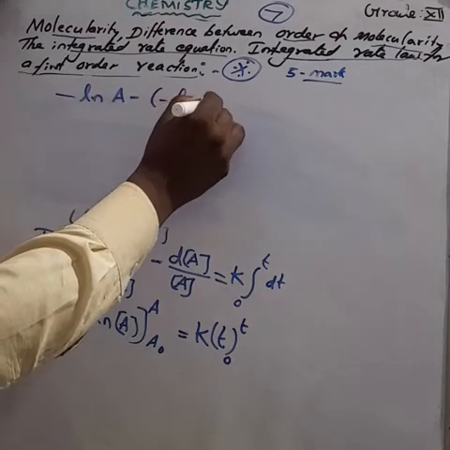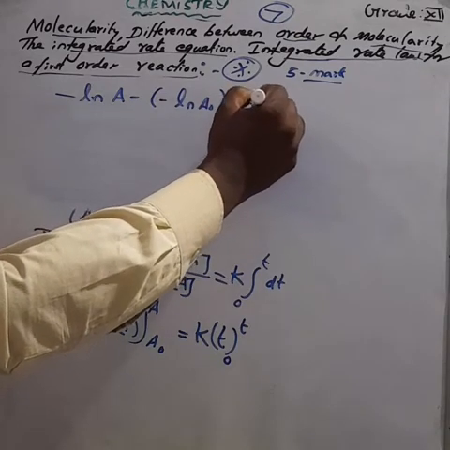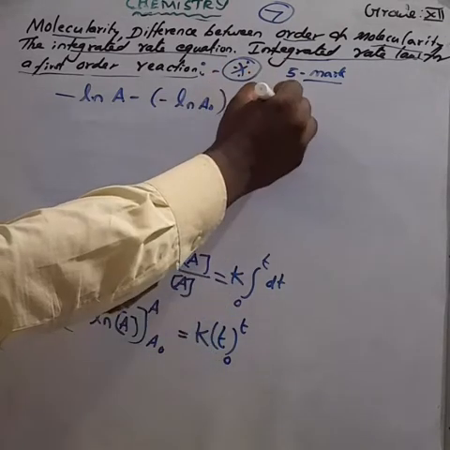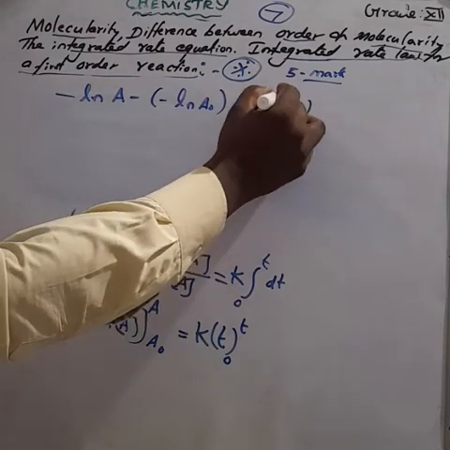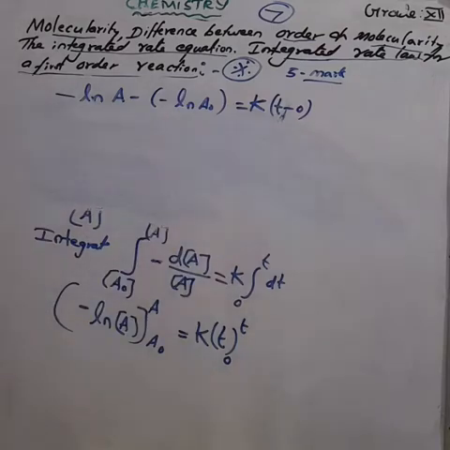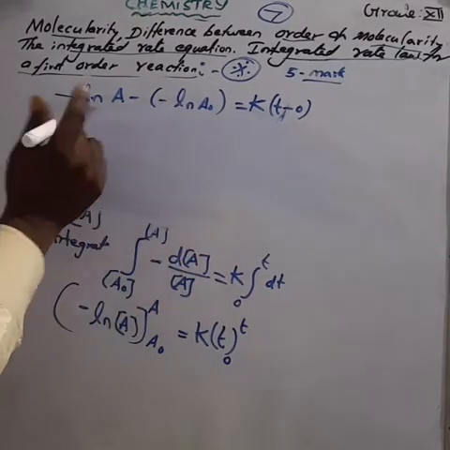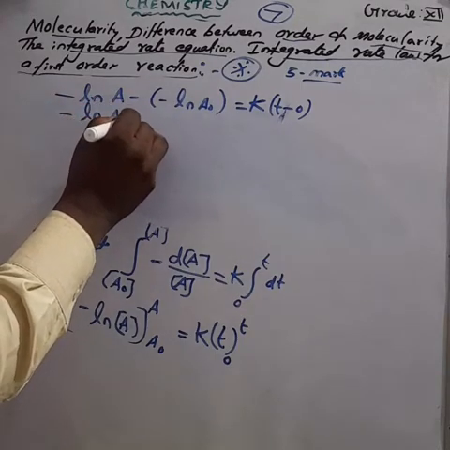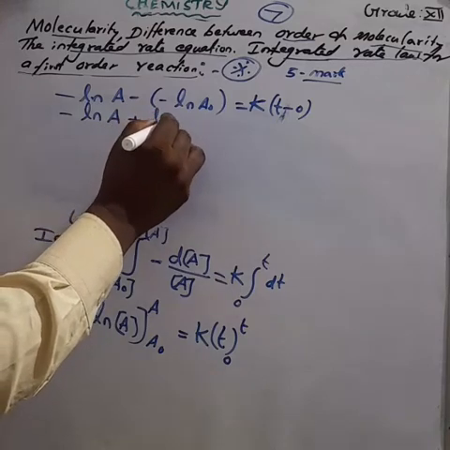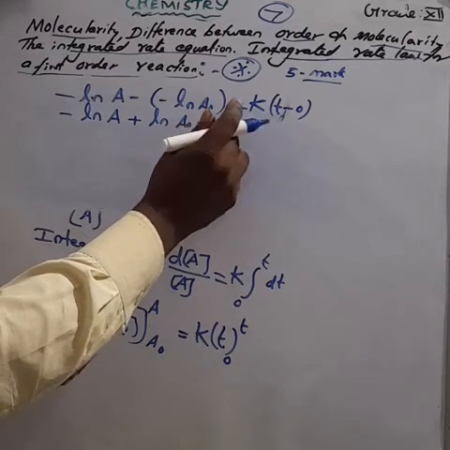This is equal to k times (t minus 0). Next step, here minus into minus makes a plus: minus ln A plus ln A naught is equal to kt.